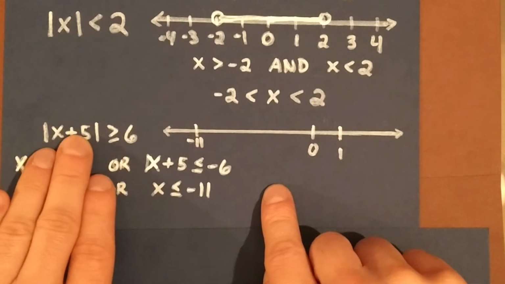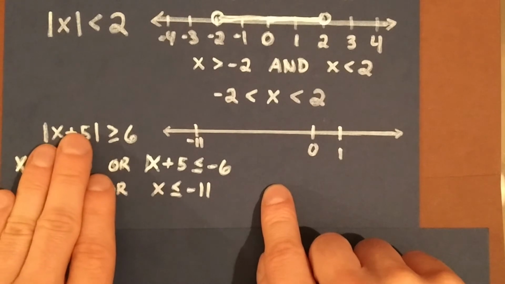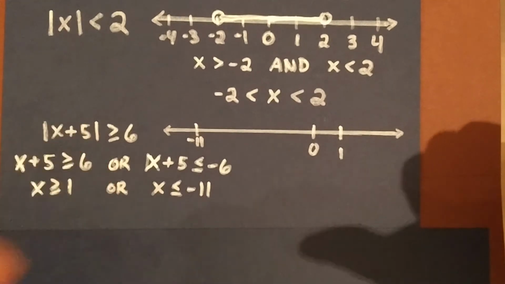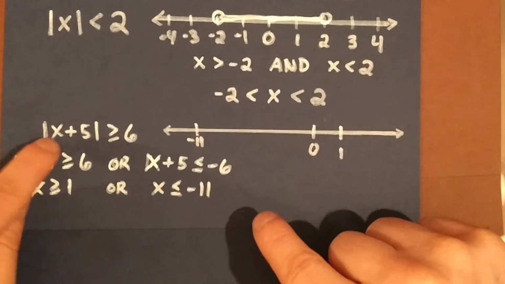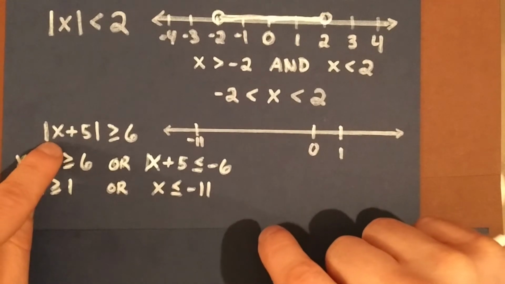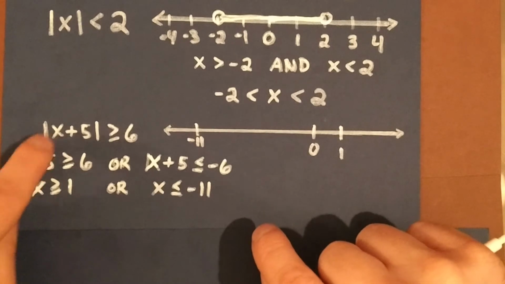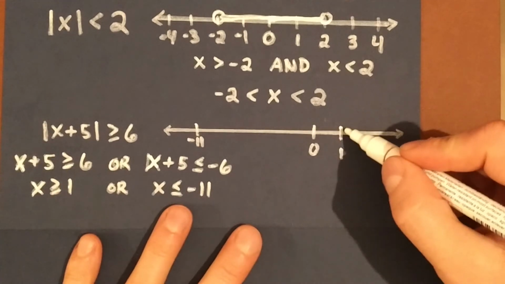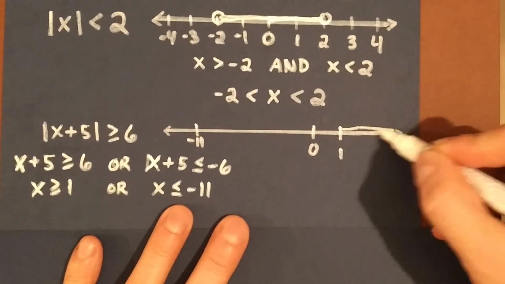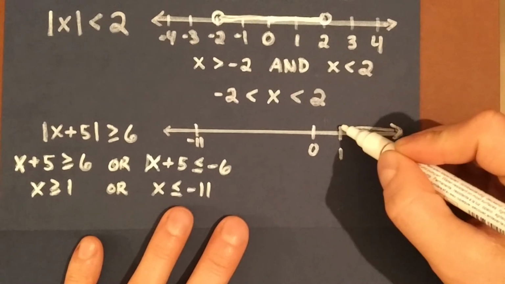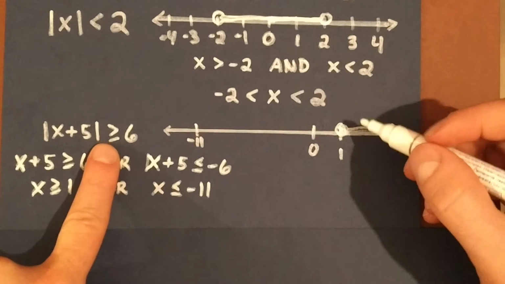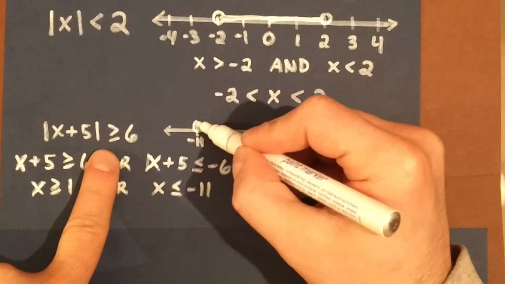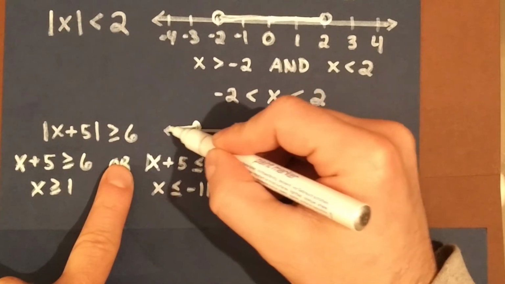This expression, the absolute value of this expression, is either to the right of 6 or to the left of negative 6. But when we solve for not the expression but x itself, we find that x could be anything greater than 1 and equal to 1 also, because greater than or equal to. Or it could be anything less than or equal to 11.